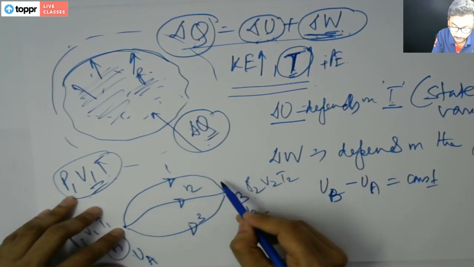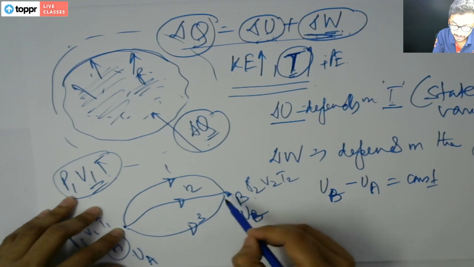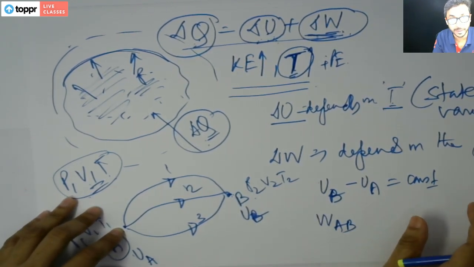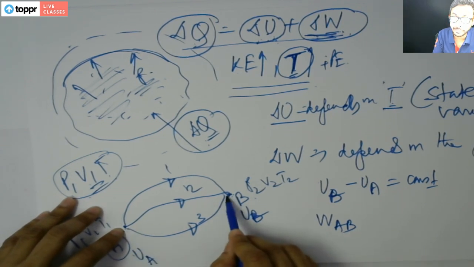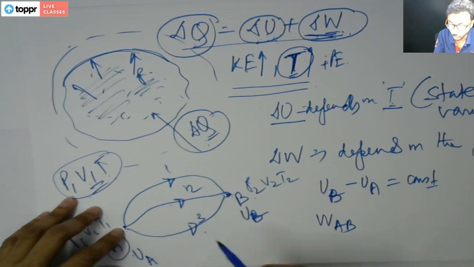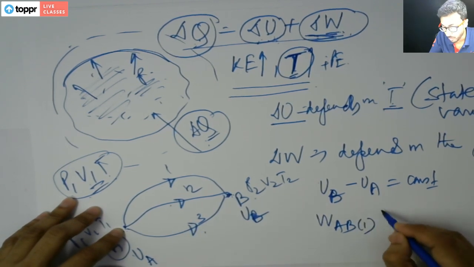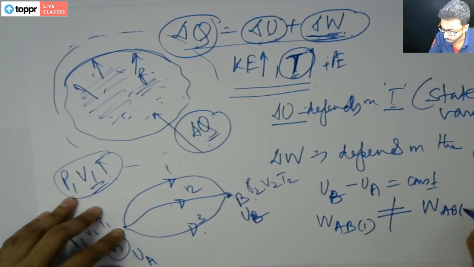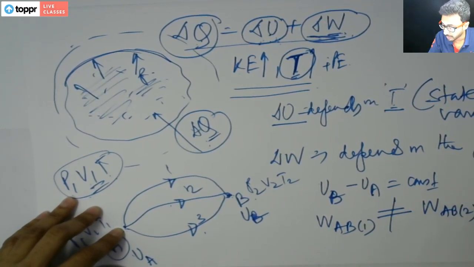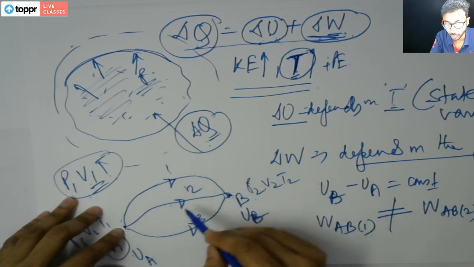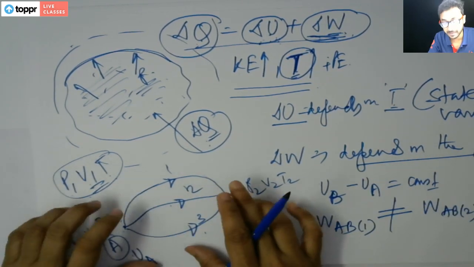But the work done, WAB, we cannot just specify WAB, because for W from A to B, we have to specify whether it is through path 1 or 2 or 3. So WAB1 may not be equal to, it can be equal also, but mostly it will not be equal to WAB2 or WAB3, because work done depends on the path, the way the gas is being expanded.